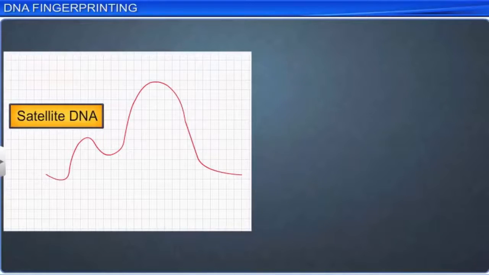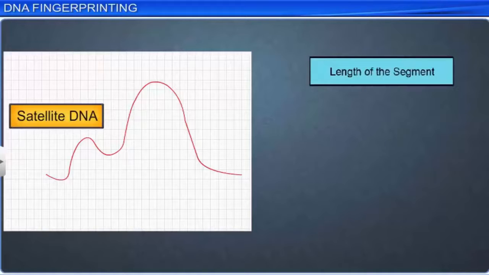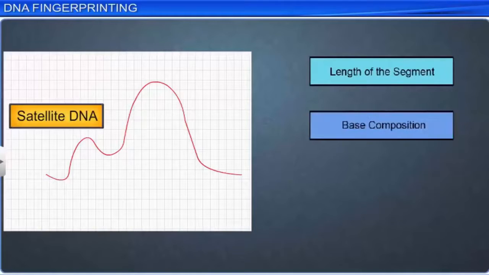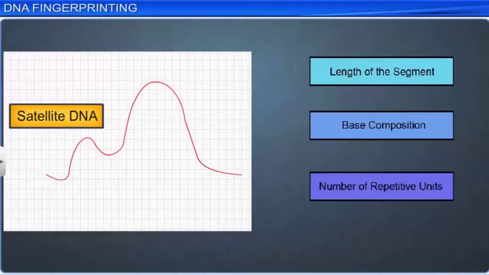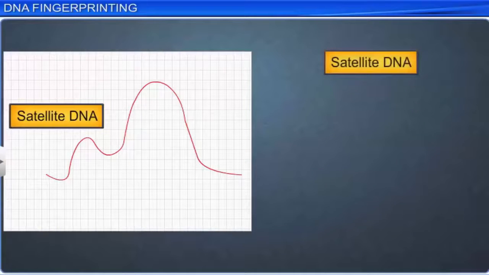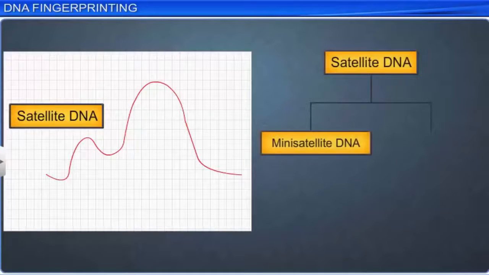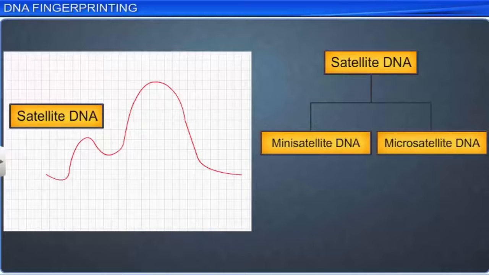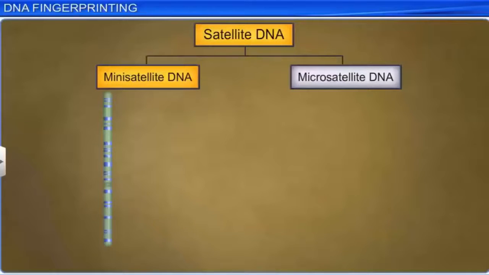Based on the length of the segment, base composition, and number of repetitive units, satellite DNA can be classified as mini-satellite DNA and microsatellite DNA. Mini-satellite is a section of DNA which has a variable number of tandem repeats, or VNTR.